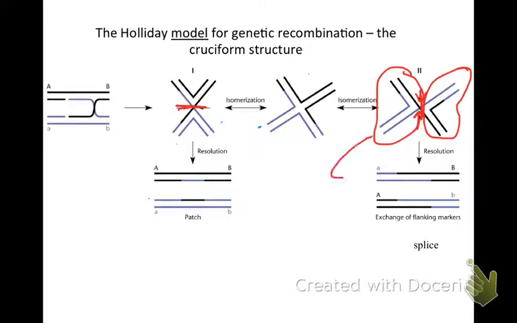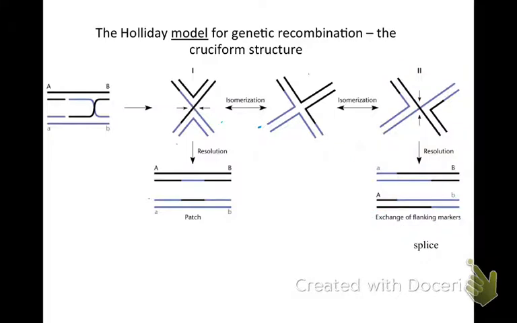And we've got this one down here, and this one is shown here. And this gives us complete exchange of flanking markers. Some authors call it a splice, but you'll see that now we have lowercase a paired with capital B and capital A paired with lowercase b.